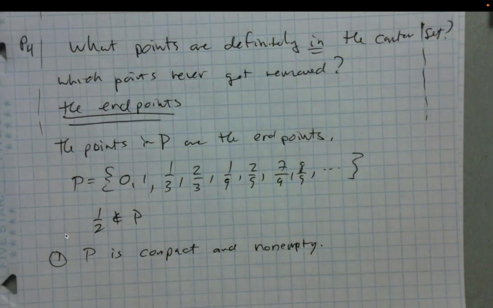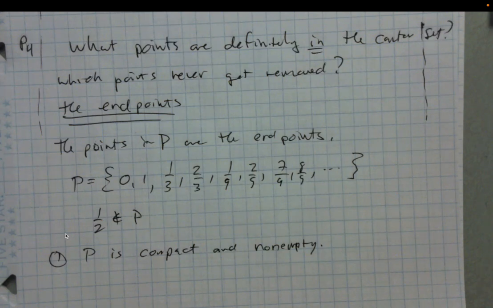We saw that already, right? Because of the way we constructed it, it is a finite union of compact subsets, and so it must be compact. We also know that because it's nested, and because it's an infinite intersection, it's not empty. Okay, so we've got those two settled already.